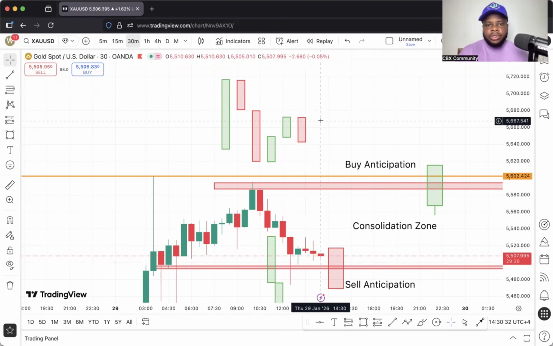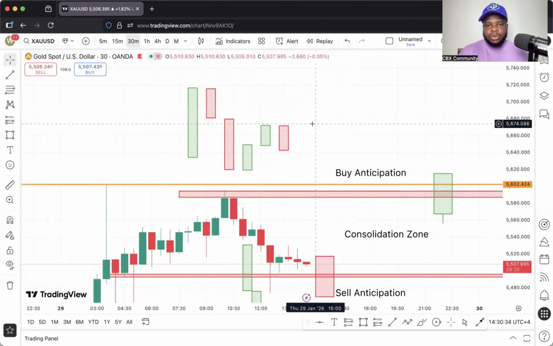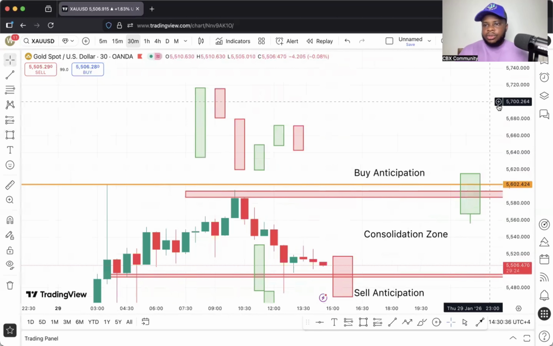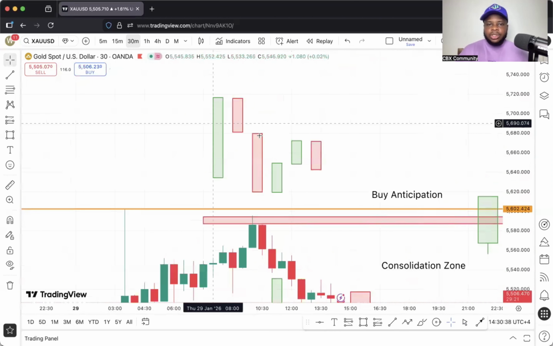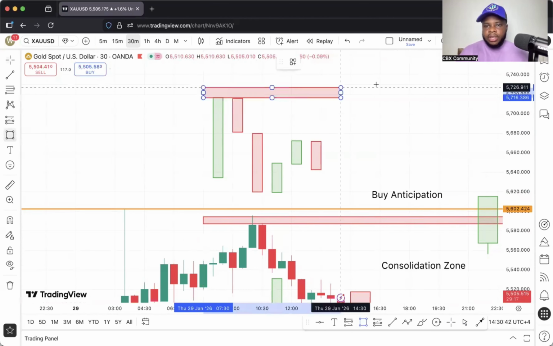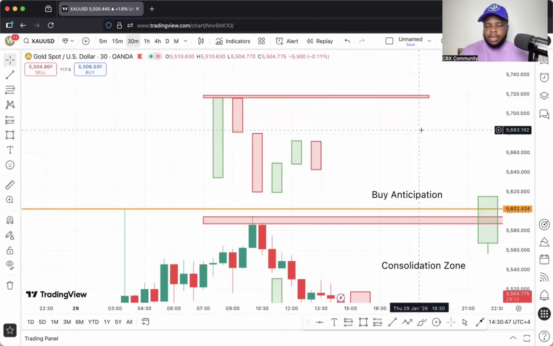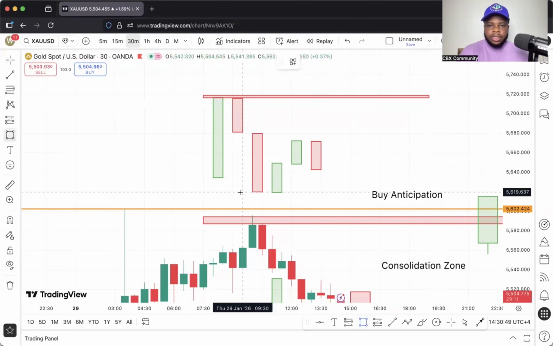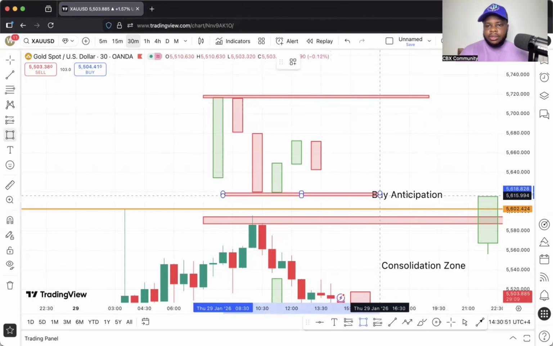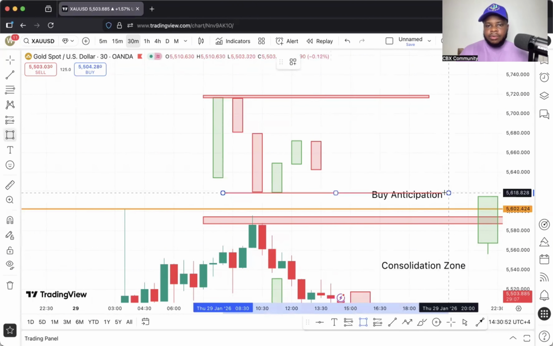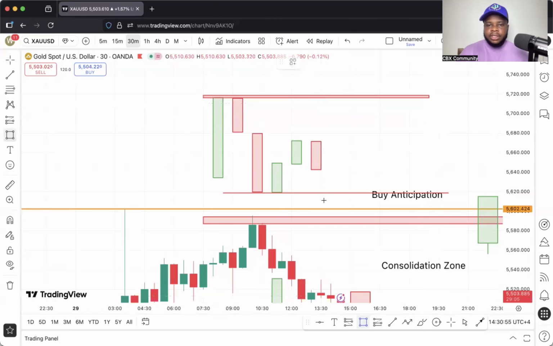So someone asked a question. I just want to use this as an example. Let's say we have a resistance zone over here, from your question, and then we have a support zone over here, and then we have a resistance zone over here.